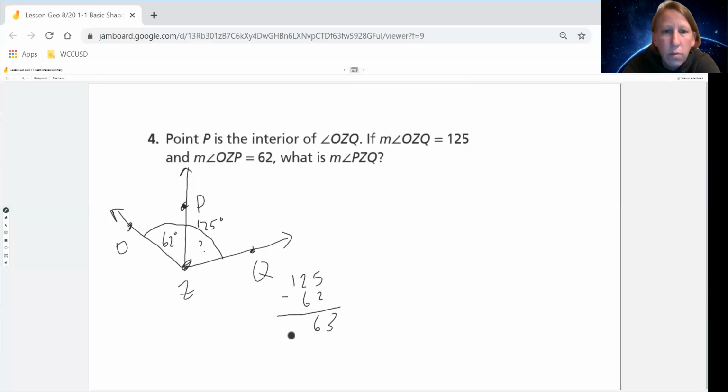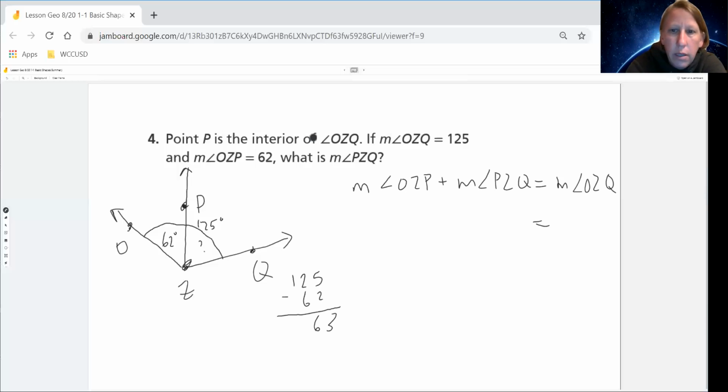So if you wanted to really impress someone that you're learning geometry really well, you could write it out this way. You could say the measure of angle OZP plus the measure of angle PZQ is the measure of angle OZQ. Okay. This is the angle addition postulate we just talked about.